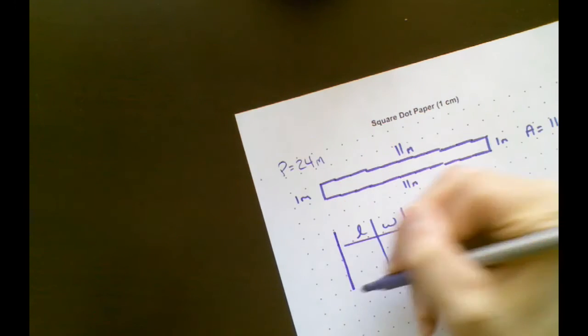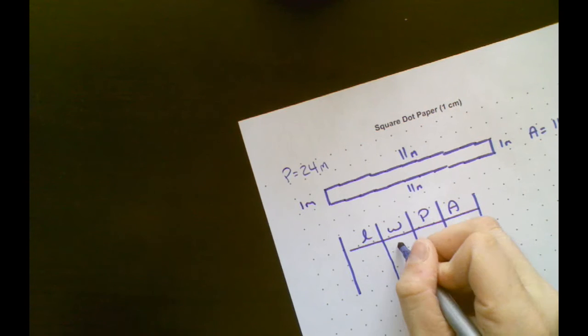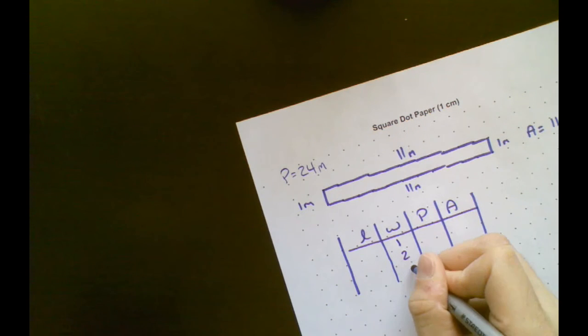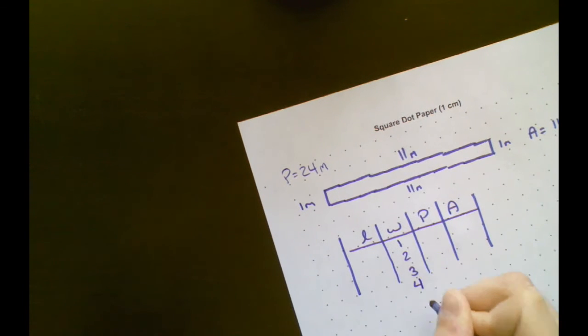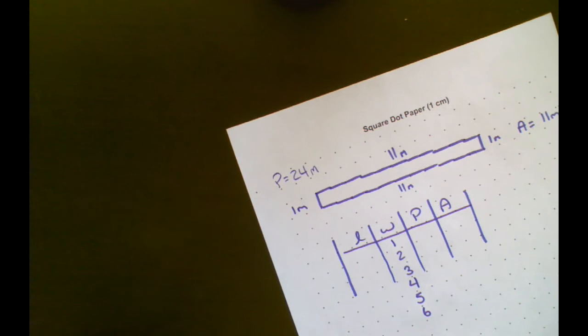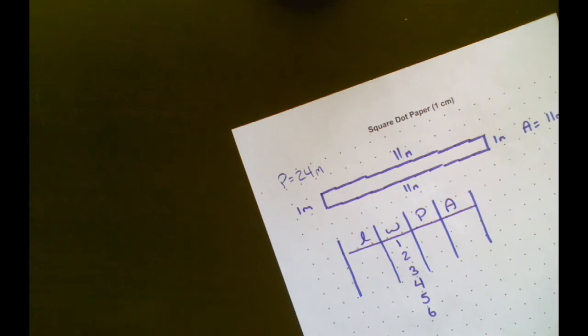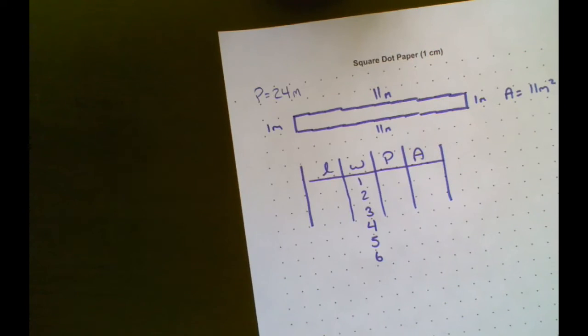You might not be yet. You might need to draw them all. So if I have a width of 1, a width of 2, a width of 3, a width of 4, a width of 5, a width of 6, I'll stop there for now. I can do the math in my head, so I'll do a little bit of fast forwarding work. Back in a second.